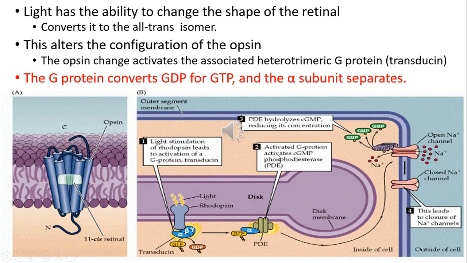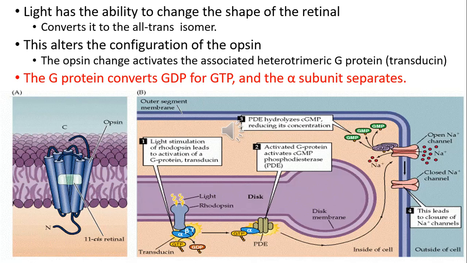Now at stage 2, this activated G protein activates cyclic GMP phosphodiesterase, or PDE. Phosphodiesterase is an enzyme that is able to act.